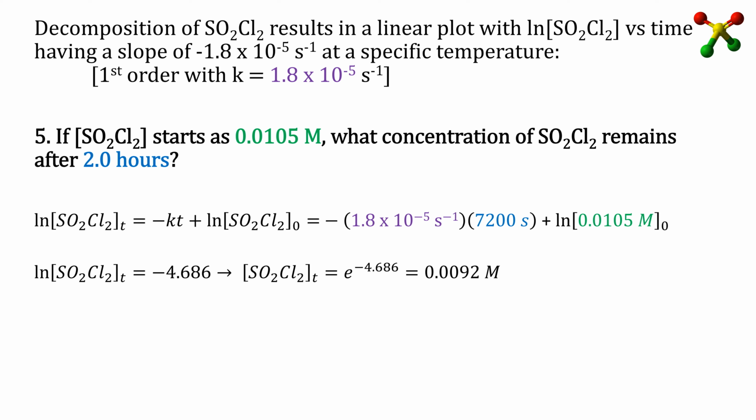When we do this, we find that the natural log of our SO₂Cl₂ concentration at time t, which is 2 hours, is equal to negative 4.686. That's not my final concentration. In order to do that, I need to remove the natural log, and I find that my SO₂Cl₂ concentration after 2 hours is 0.0092 molarity.